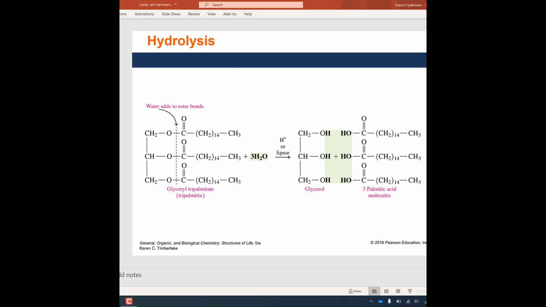And what we're going to do is hydrolyze it, put water back into each of these bonds, and separate each alcohol component back apart from each carboxylic acid component. And so if you recall from the previous chapters, we can do that either through an acid hydrolysis or a base hydrolysis.